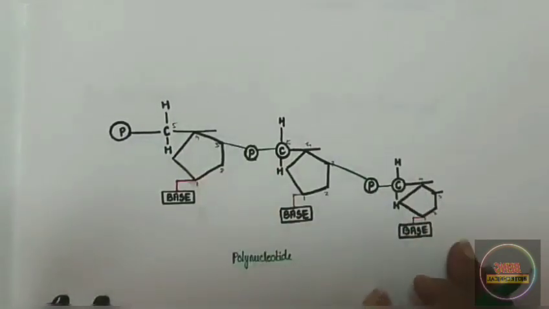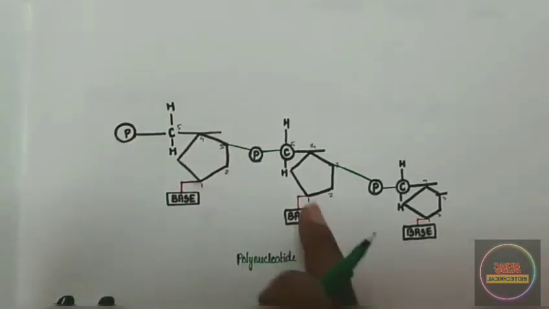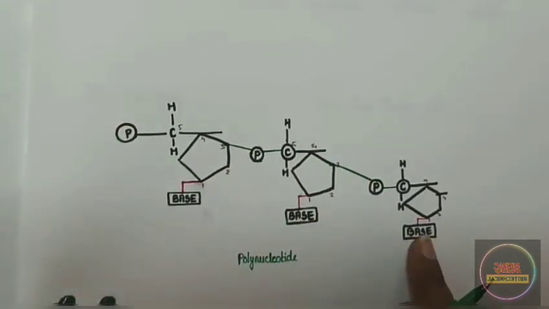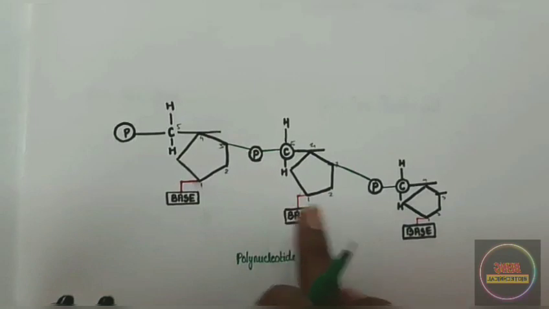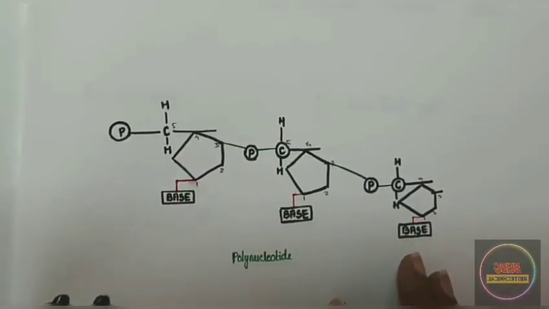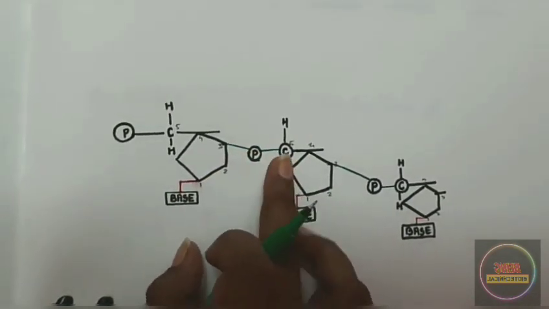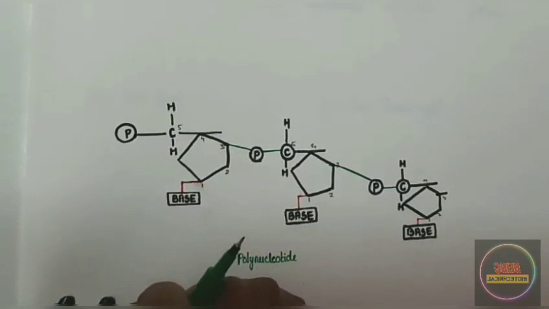I want you all to focus on the structure once again. See, these are single nucleotides. These single nucleotides are joined to one another by phosphodiester bonds at the 5' and 3' ends.